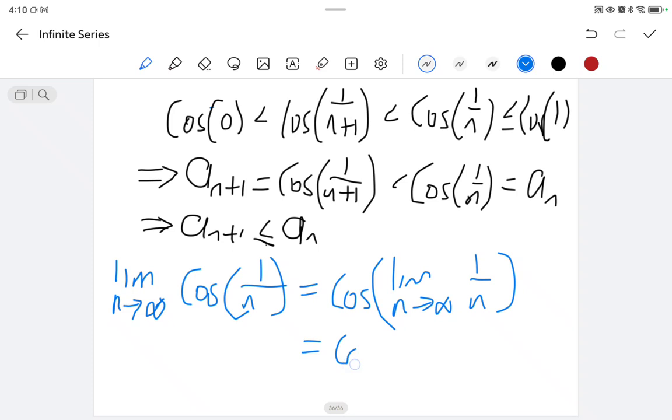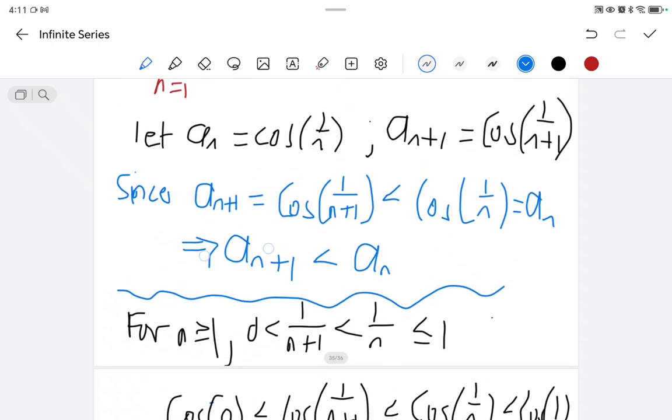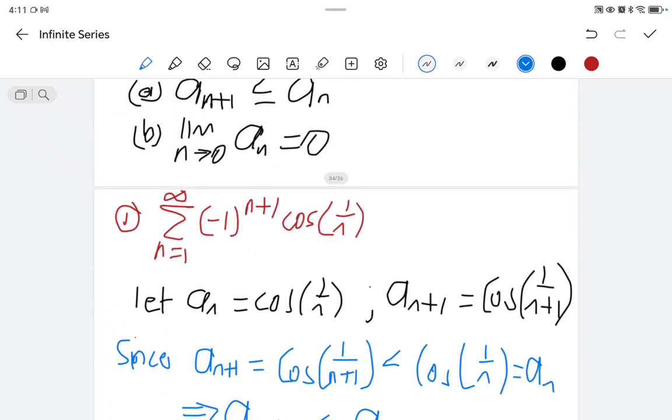What is the limit of 1 over n as n approaches infinity? 0. And what is cos of 0? It is 1, right?